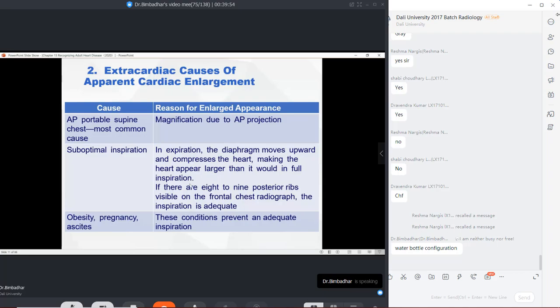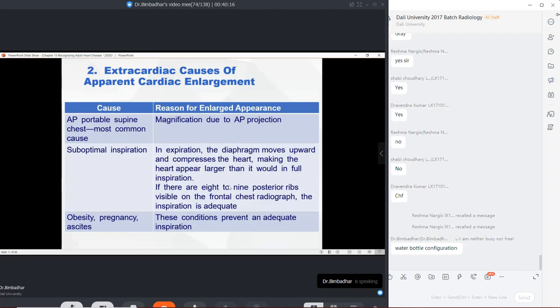If 8 to 9 posterior ribs are visible on a frontal radiograph, the inspiration is generally adequate. Yes, 8 to 10 we call generally adequate. And 6 to 7 anterior ribs visible on a PA view will tell us there is adequate inspiration.